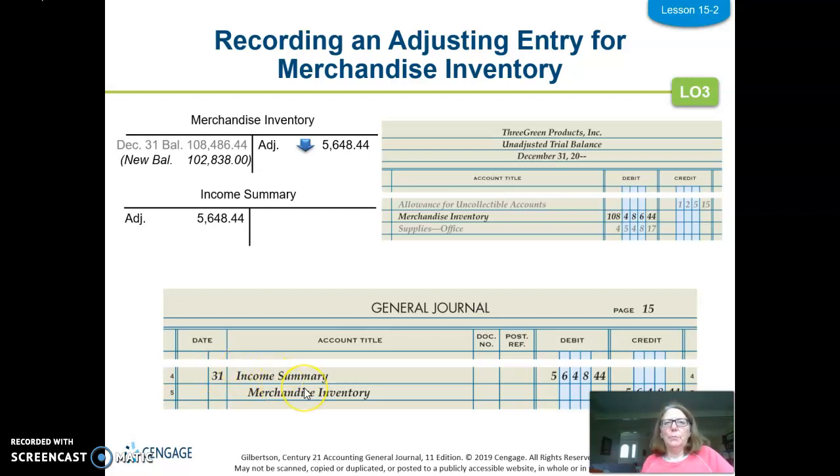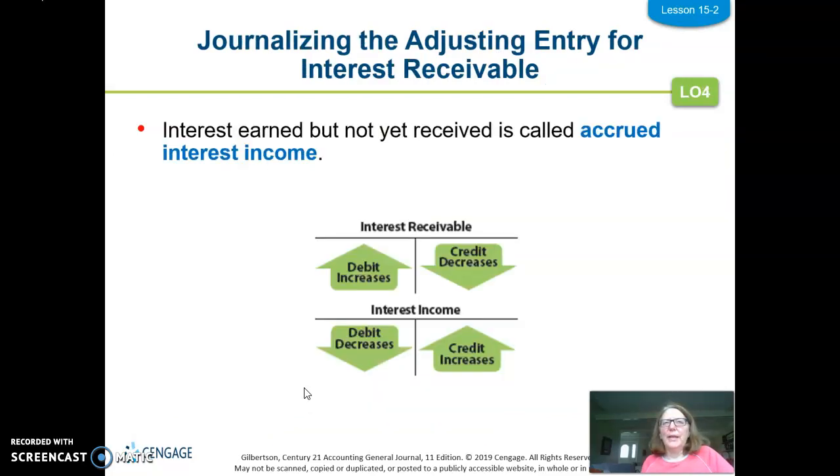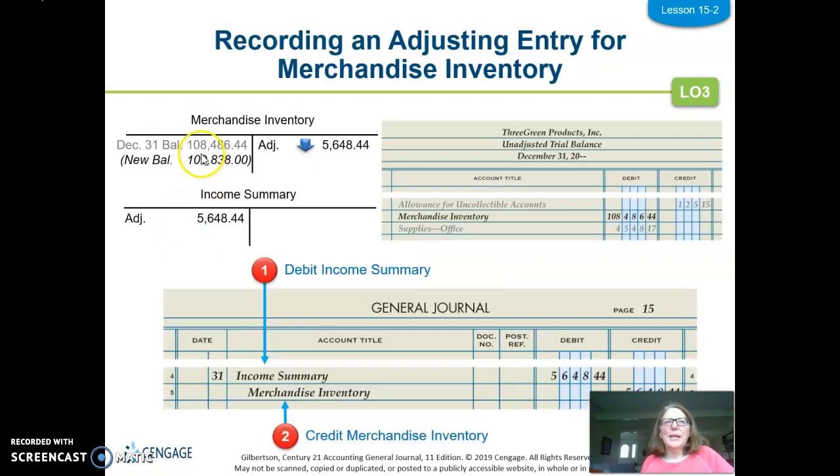and crediting merchandise inventory. And again, if this had gone from 108,000 up to 120,000 at the end, then I would need to debit merchandise inventory for $12,000, and I would need to credit income summary for $12,000.